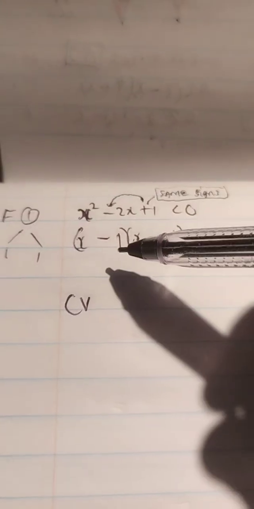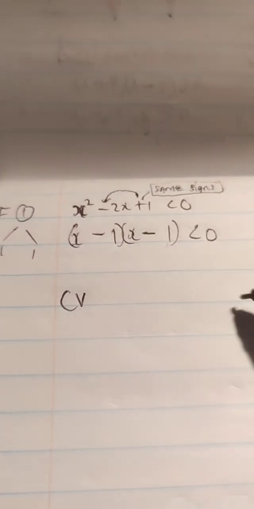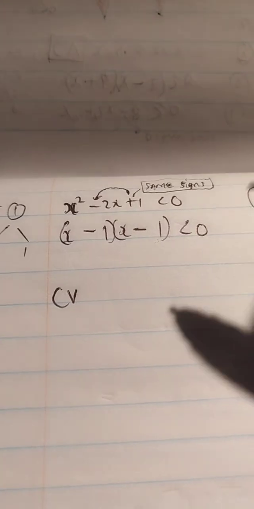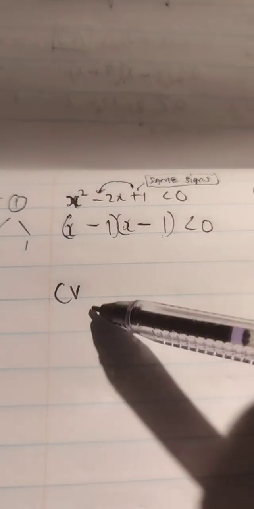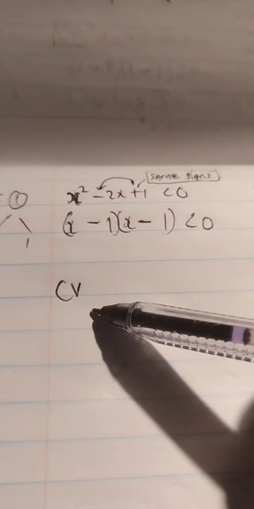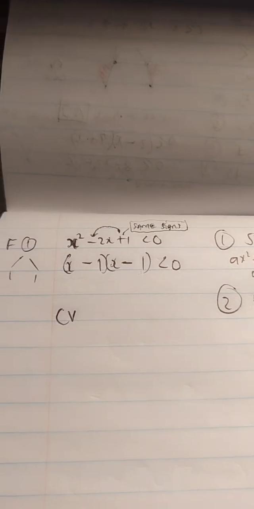Factorized? Yes, we did. Then at this stage we write critical values. Let's say you did not use the factorization method and you decided to use the quadratic formula. Guys, if you decide to use the quadratic formula, you should immediately write CV, and then use the quadratic formula to get the x-intercepts, or your critical values. Why do you immediately write CV?